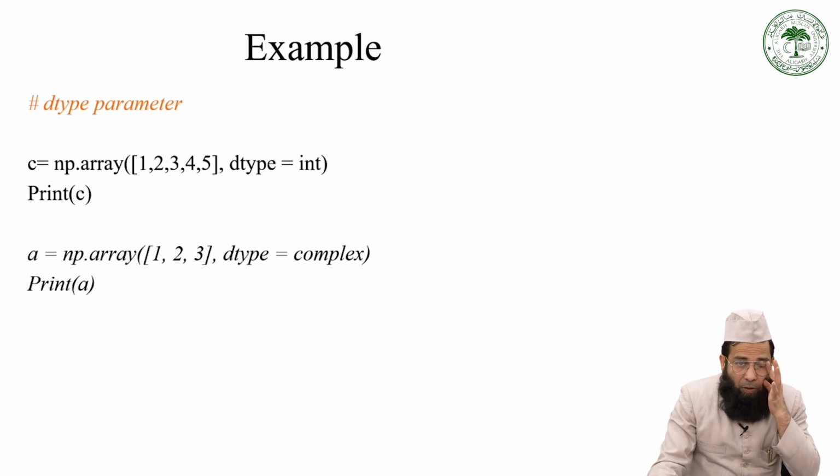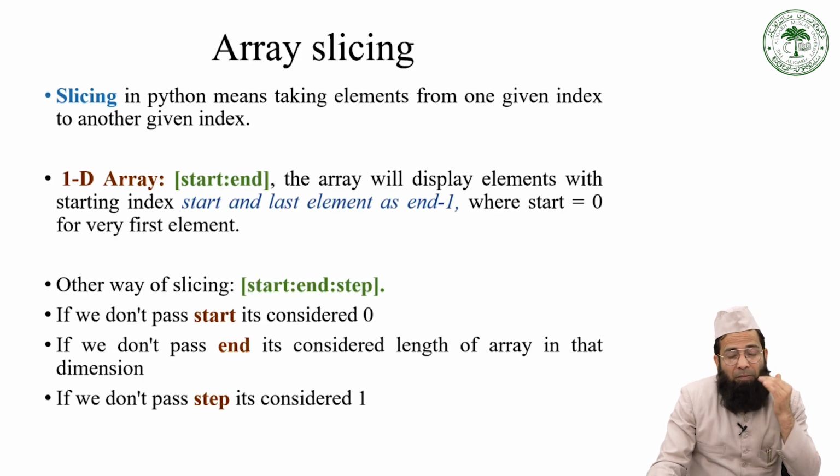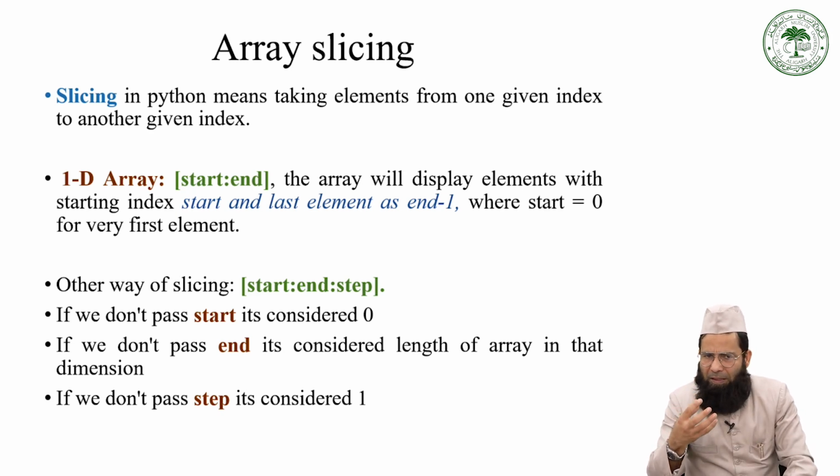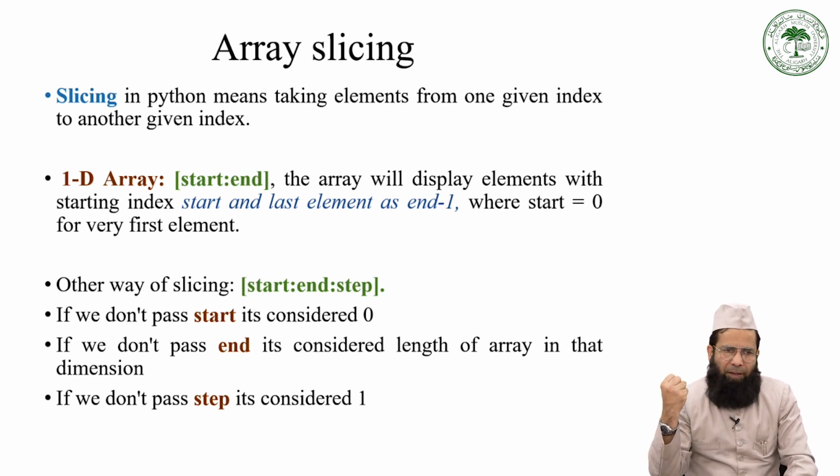So we have seen how we can modify the shape of the NumPy array. Now we'll discuss array slicing. You might have seen, since we have already discussed this particular topic in lists and tuples and so on, slicing is actually a mechanism to extract a certain part of the array.